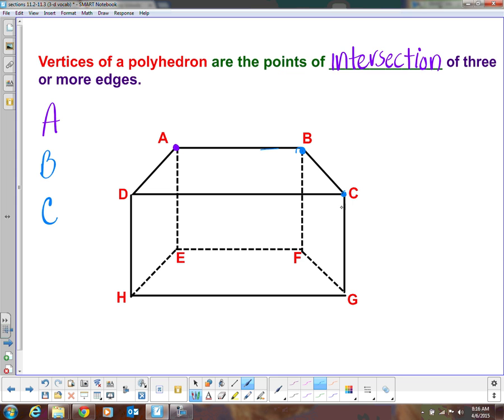We've got 1, 2, 3 coming together. What's another one? D. At D, we've got these two tops and that side coming together. I think there's more. E, there's E. H and F and G. Those are your vertices. Any questions? Three edges come together. Yeah.